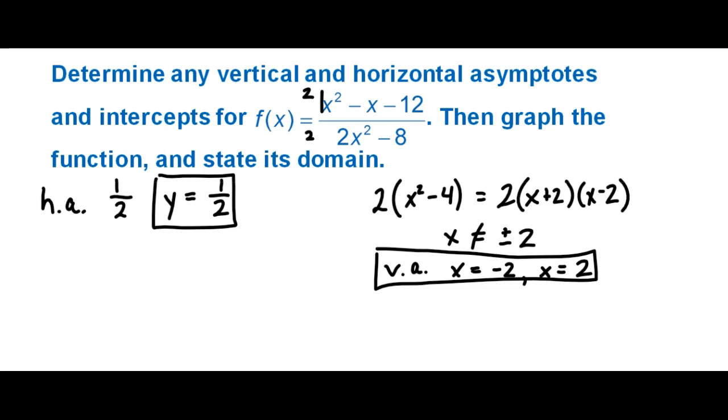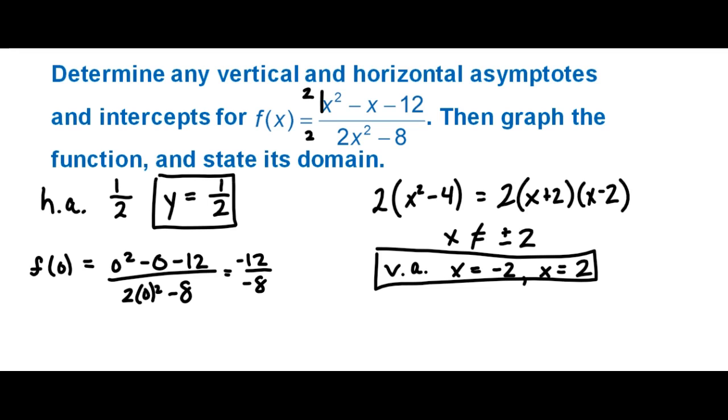To find the intercept, I'm going to take f of 0 to get the y-intercept, and f of 0 is 0 squared minus 0 minus 12 over 2 times 0 squared minus 8. On the top, I get negative 12. On the bottom, I get negative 8.